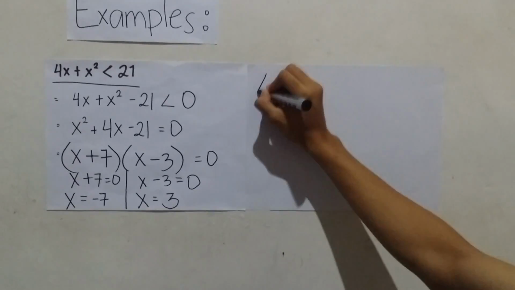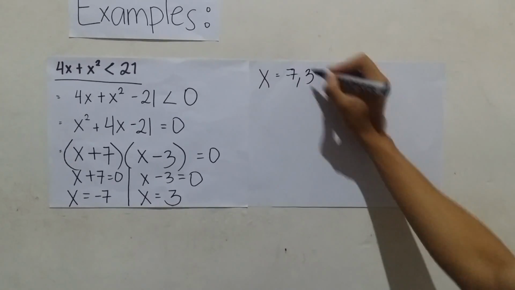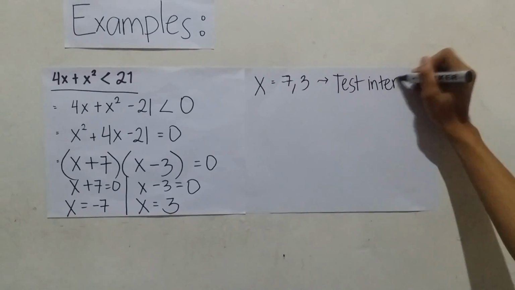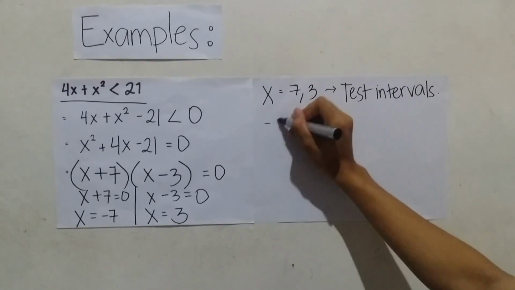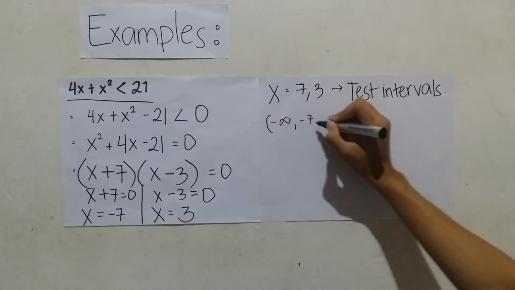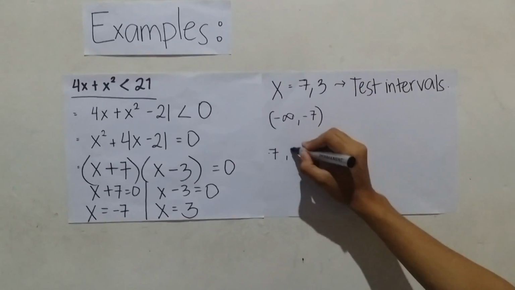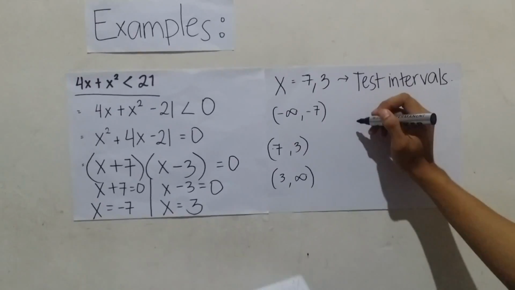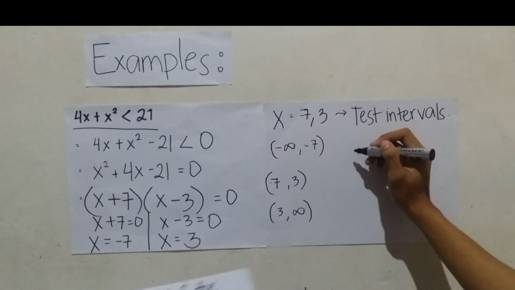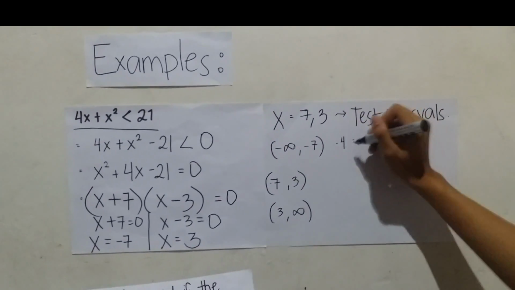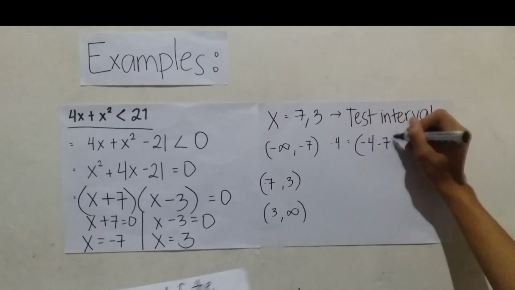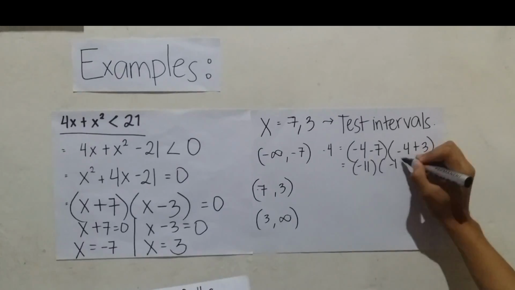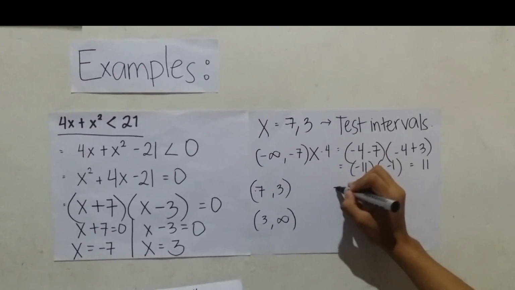When you are done solving for the boundaries, use these to mark off test intervals. Check the signs and the value of the answer in testing the intervals to see if the intervals are compatible in the equation.